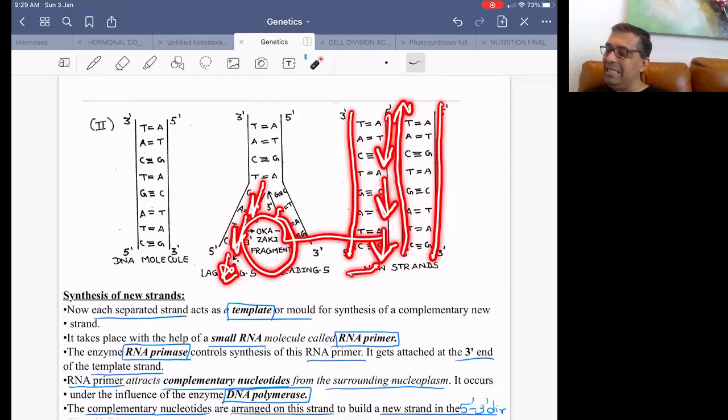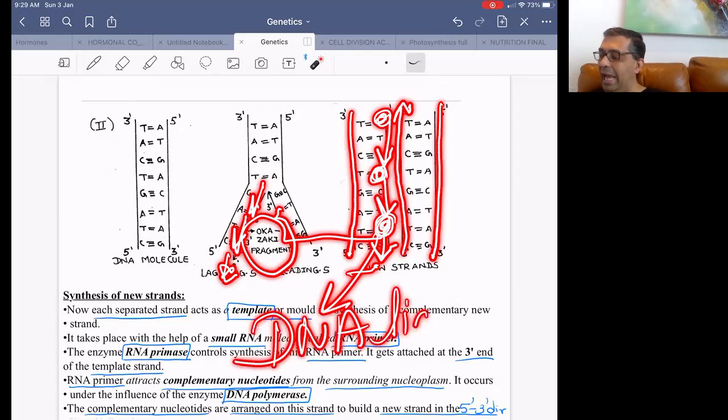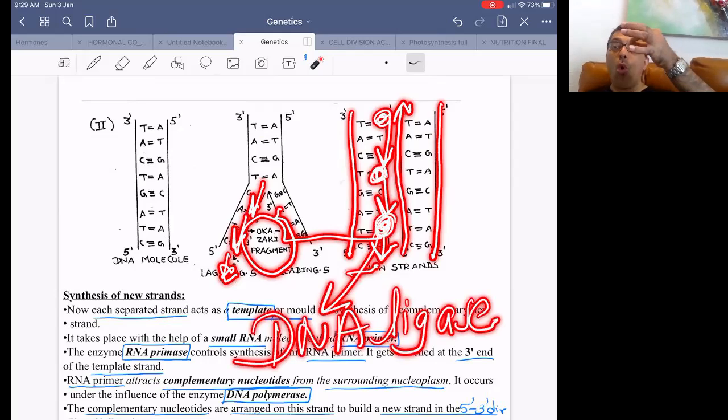So an enzyme comes, called DNA ligase enzyme. Which enzyme, sir? DNA ligase enzyme. The ligase enzyme comes and sticks the Okazaki fragments together. It sticks all the Okazaki fragments with each other, and the entire DNA becomes continuous.